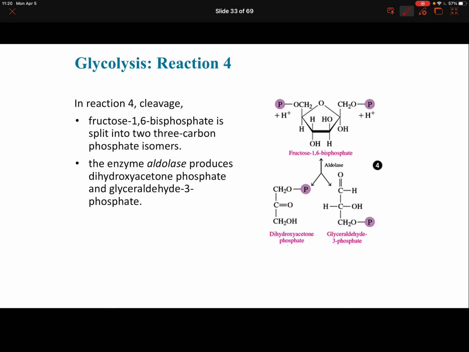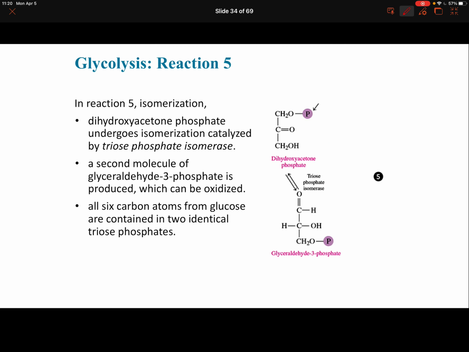Cleavage step. So here, fructose 1,6-bisphosphate gets split into those 2 phosphate isomers, glyceraldehyde 3-phosphate and dihydroxyacetone phosphate. Now, aldolase is responsible for producing those two molecules. Now we're going to need to convert this one into that one.